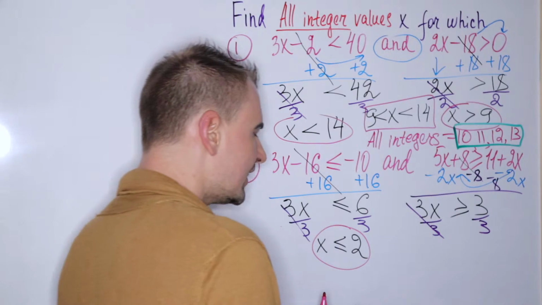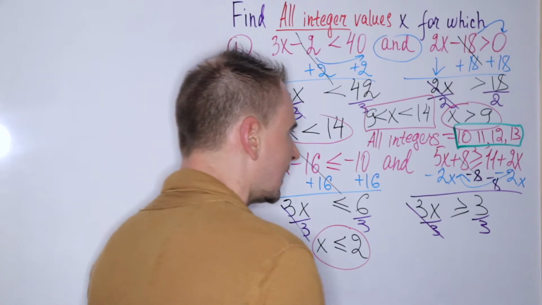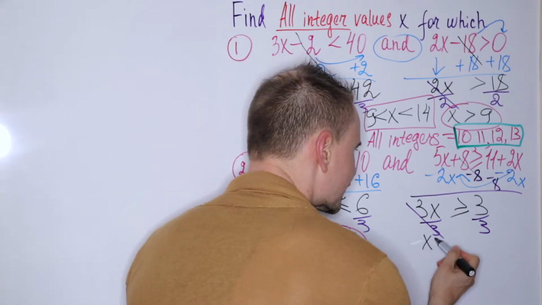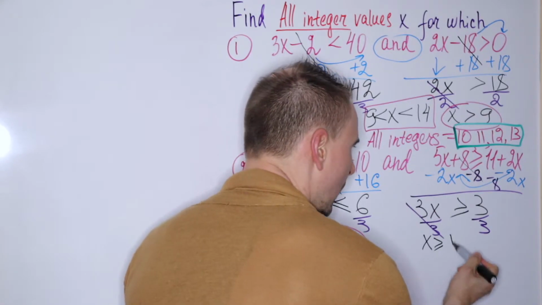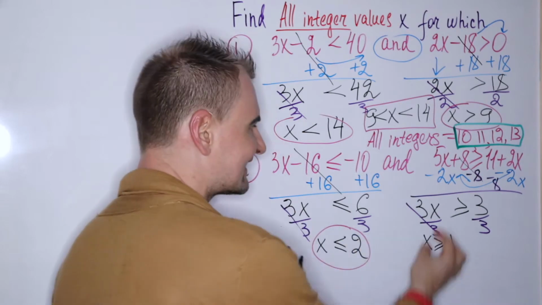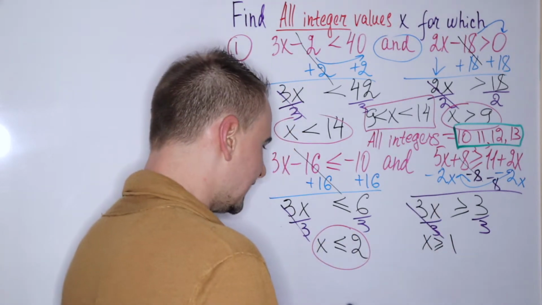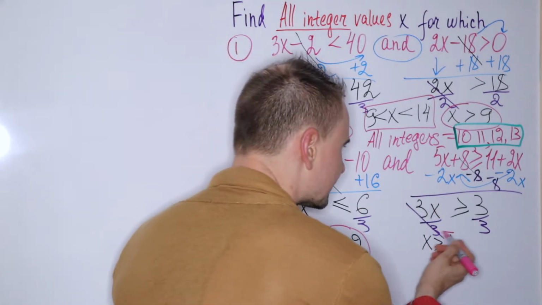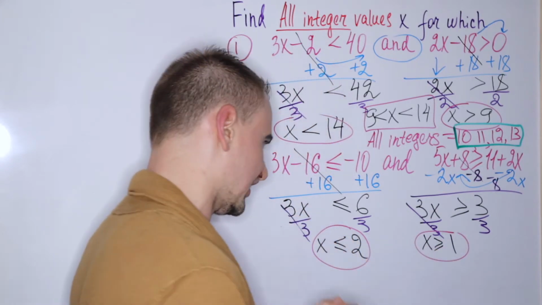The 3 goes away, so you end up getting x greater than or equal to 1. So that's the solution set: all the x's that satisfy that inequality.